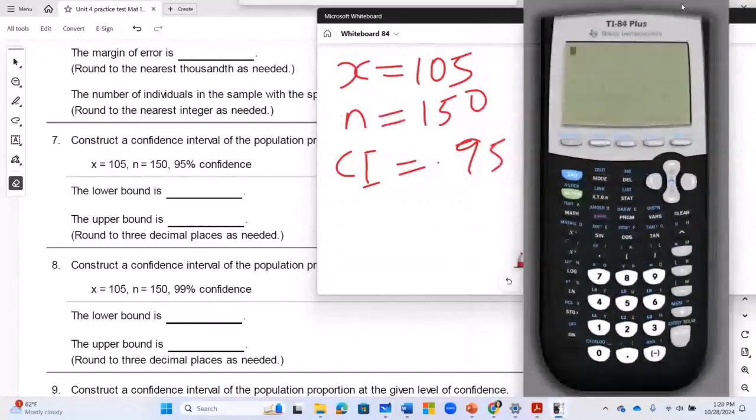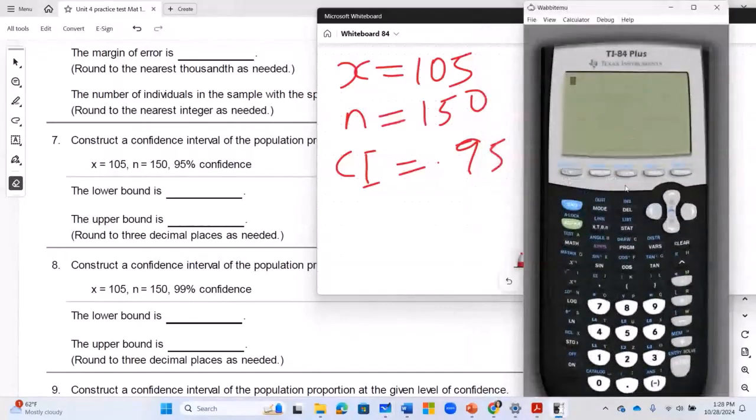So I am going to start, arrow to Test, and I am doing the P confidence interval. The P confidence interval is called one proportion Z interval. So that is it here.